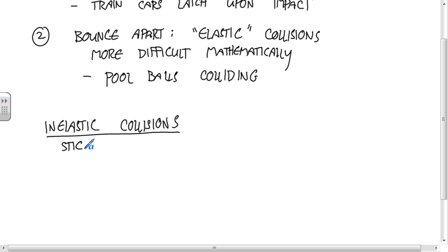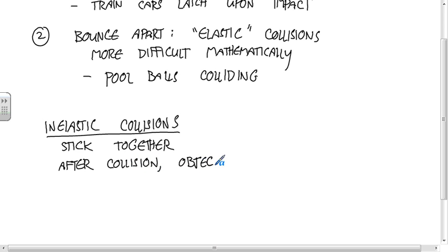This is the one that's defined by objects sticking together. And what that means to us is that after the collision, objects have the same velocity vector.